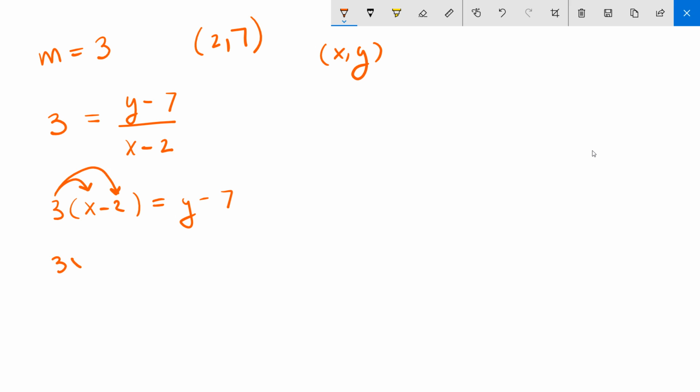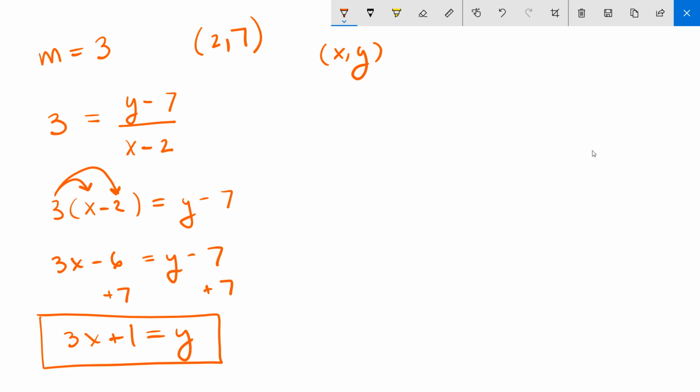That gives me 3x minus 6 equals y minus 7. All that's left is to add 7 to both sides. So I get 3x plus 1 is equal to y. That's pretty much my equation. The slope is 3. The y-intercept is 1.